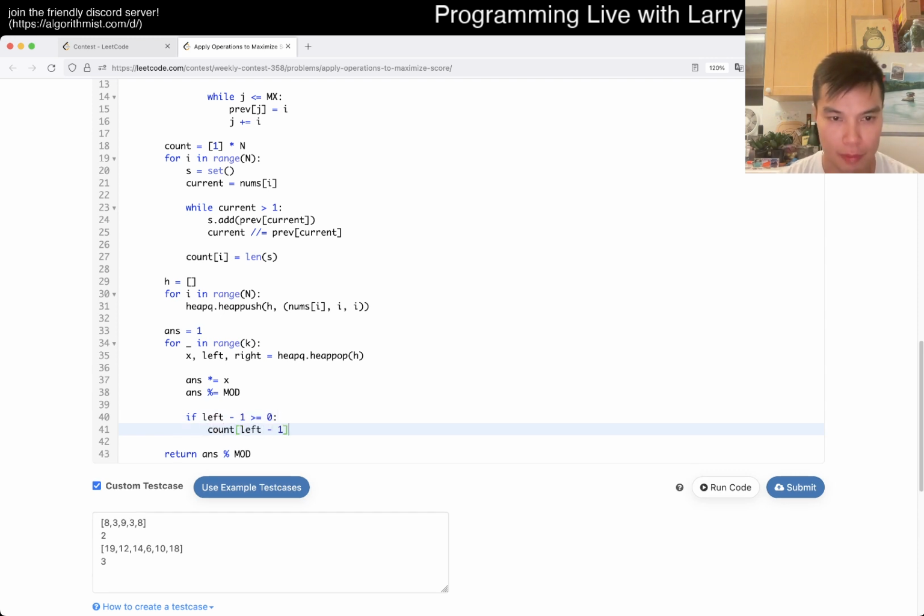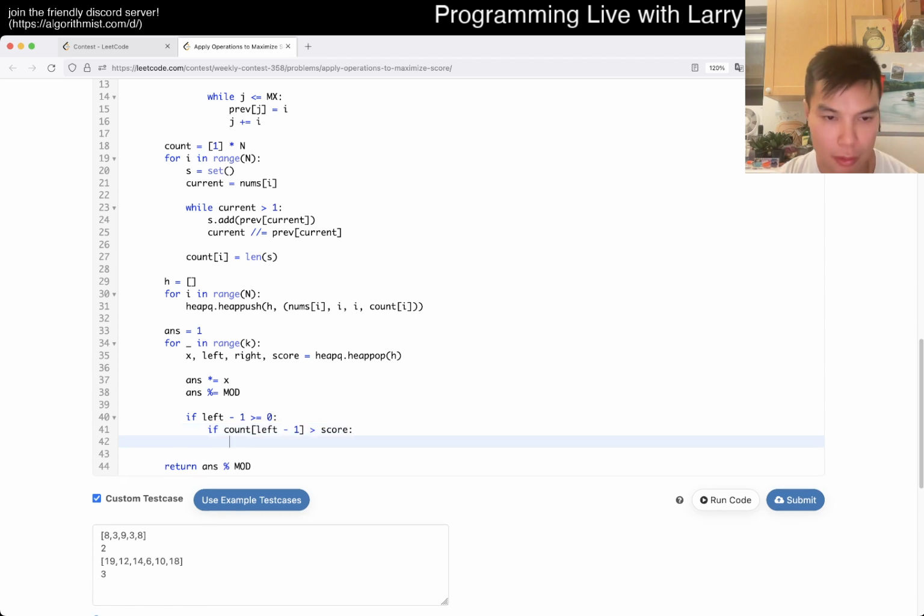Counter. Maybe I do something like, if the count is greater than score, then we should try it.